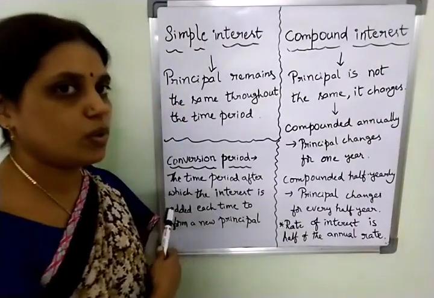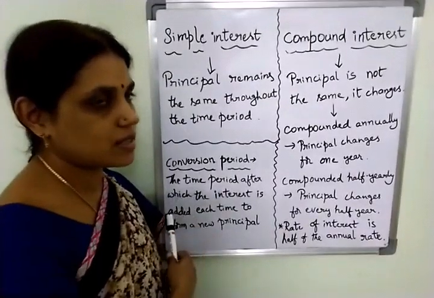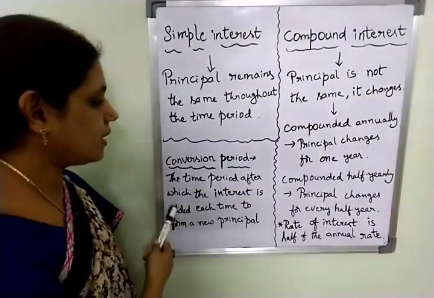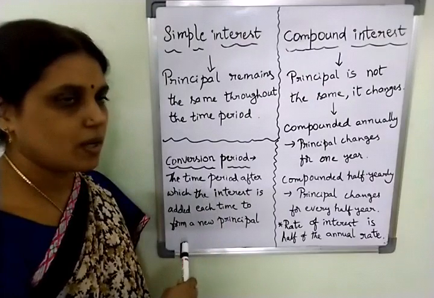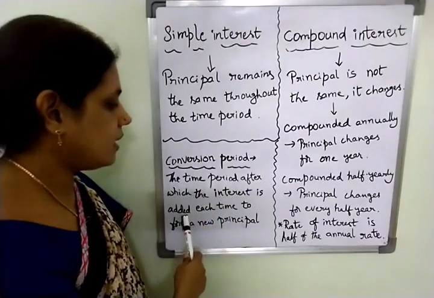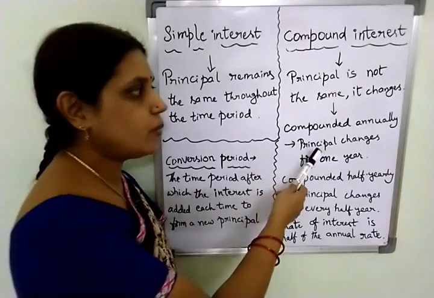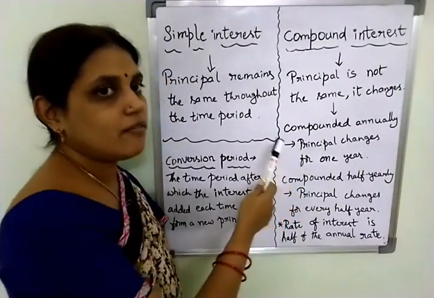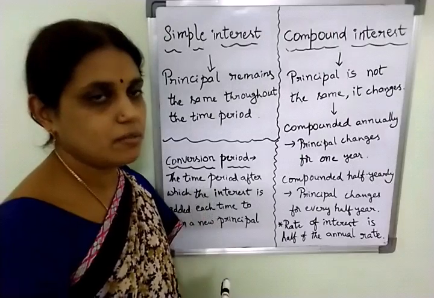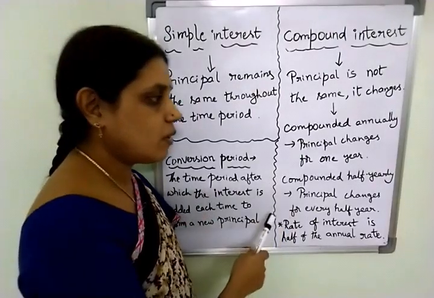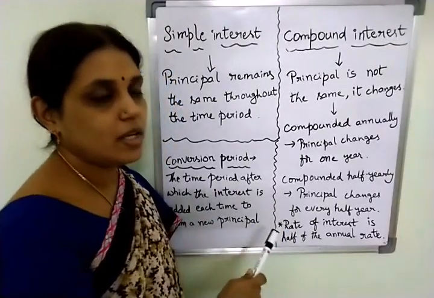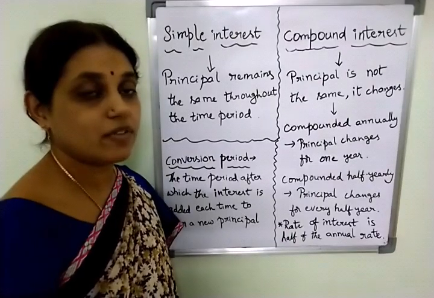And here we need to know about conversion period also. Conversion period is nothing but the time period after which the interest is added each time to form a new principal. So if it is compounded annually, then for every 1 year, one conversion period. Whereas if it is compounded half yearly, then we get 2 conversion periods for a year.